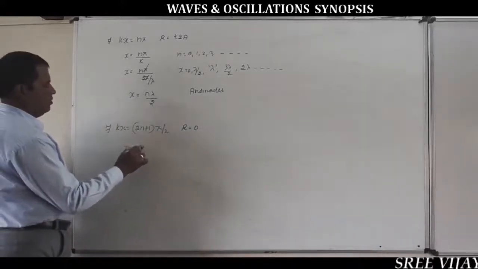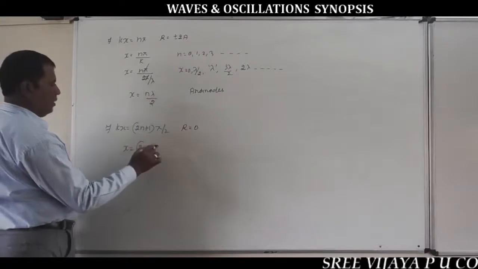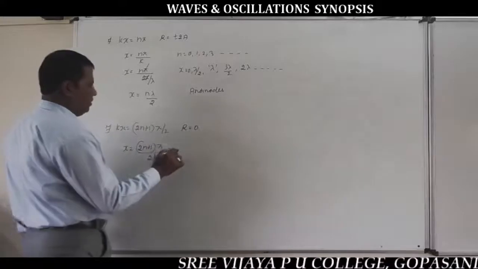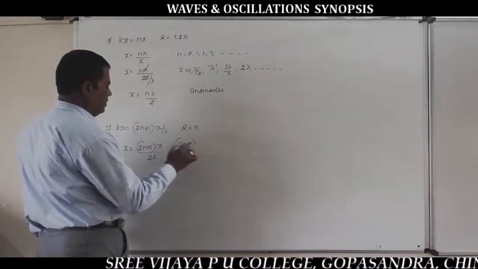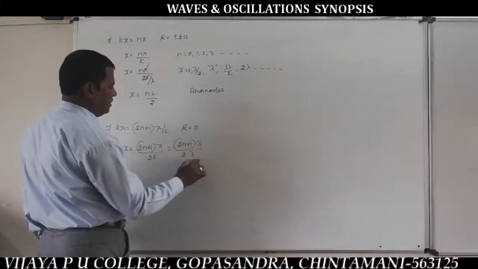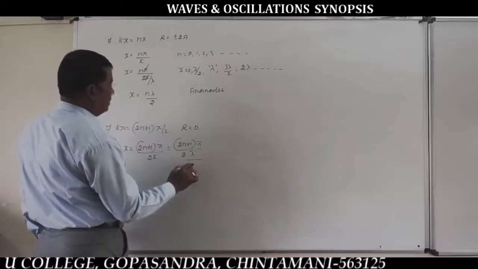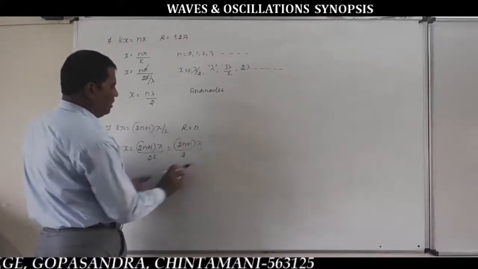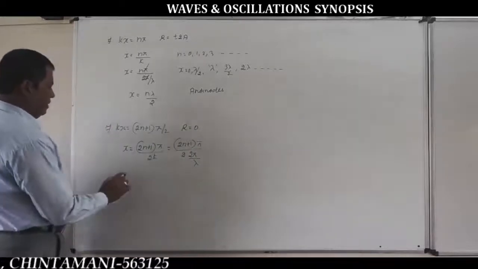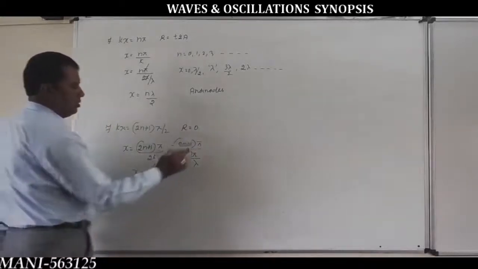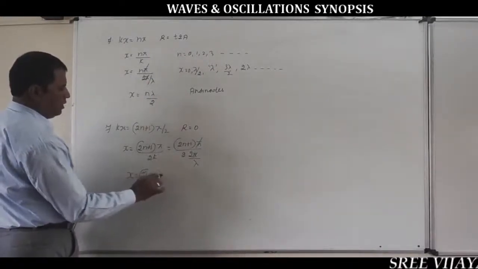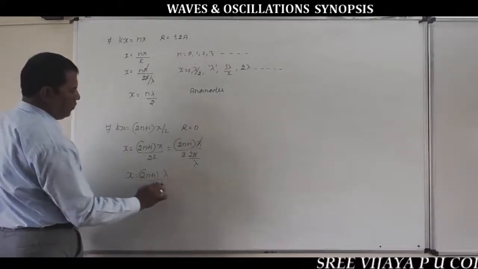X is equal to 2n plus 1 into pi by 2k. This is equal to 2n plus 1 into pi into, so k is written as 2 pi by lambda. X is equal to pi and pi cancel, we get 2n plus 1 into lambda by 4.